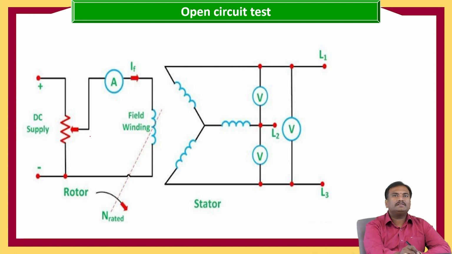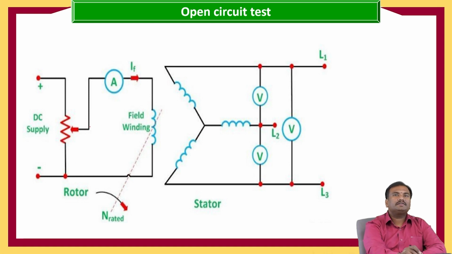The supply to the field winding is given by using a DC supply, and this DC supply is a variable DC, in order to change the voltage values, because when the field flux changes, the no load voltage changes. So here we are keeping a variable rheostat which gives us different voltages from 0 to maximum.